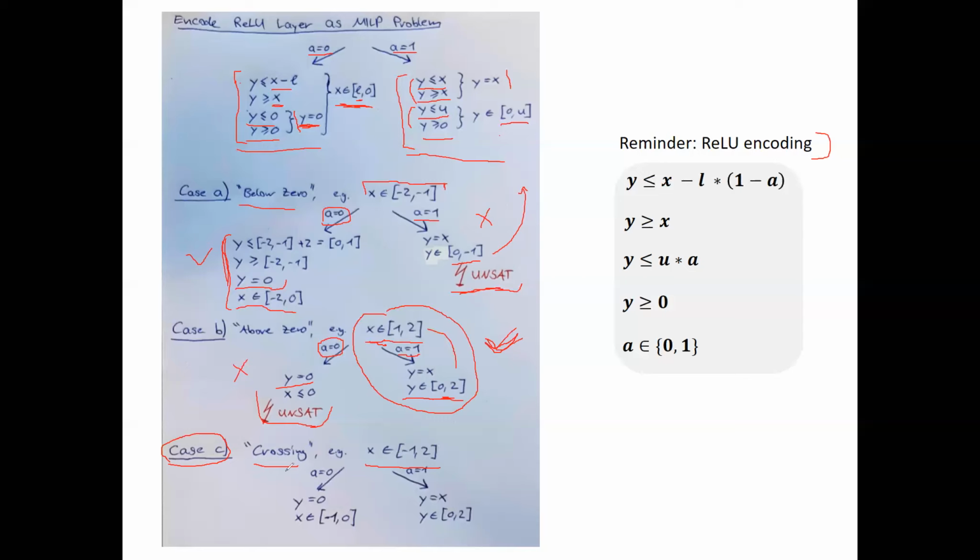So these crossing values, why are they interesting? Let's see. Let's instantiate the two linear programming instances that we would get in this case. If we take the case a equal to 0, we are going to end up with y equal to 0. Then we end up with the case where x is between L and 0.